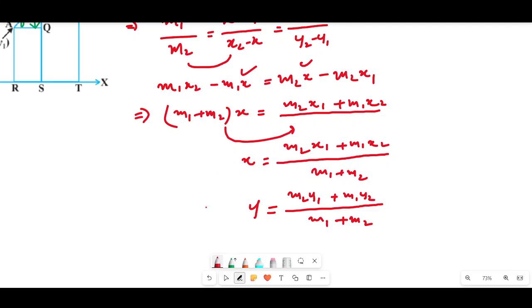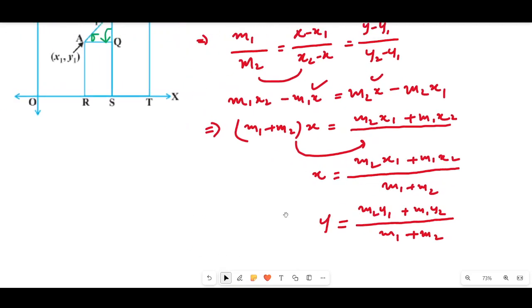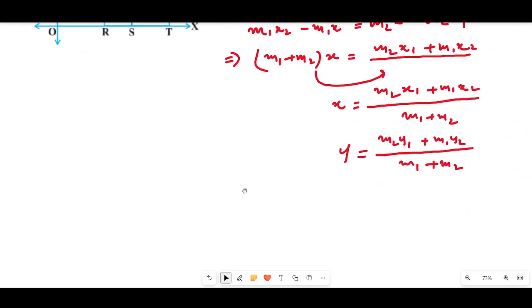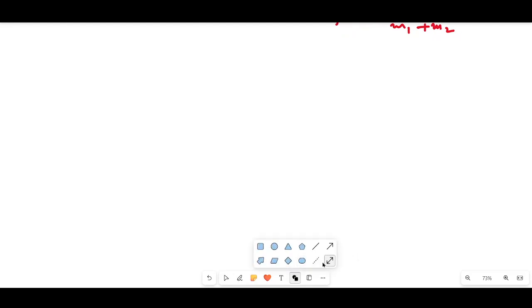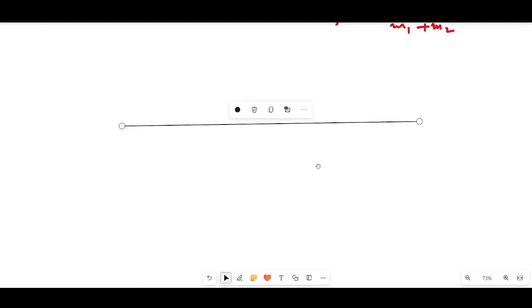Now, this is the point P. How can I learn this? This is the section formula. How can I learn this without using the formula? Just as a practical approach, if we try to write the same thing in another way, suppose this is a line, clear?